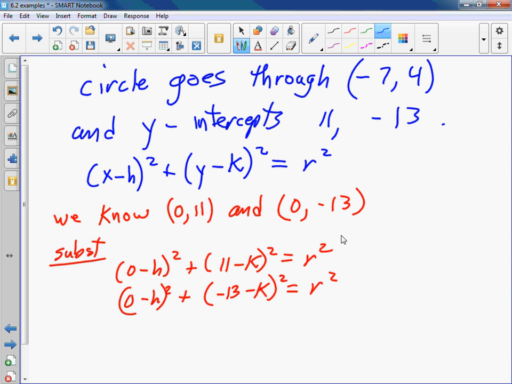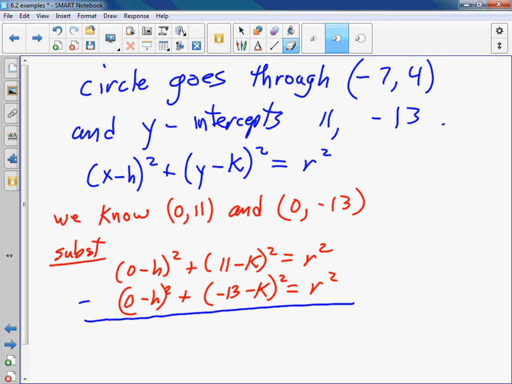And then we can set these up to be mortal enemies and subtract everything. And this is nice because what is (0 - h)^2 minus (0 - h)^2? 0, and we love 0.